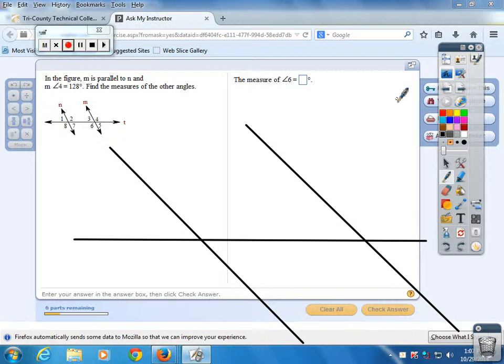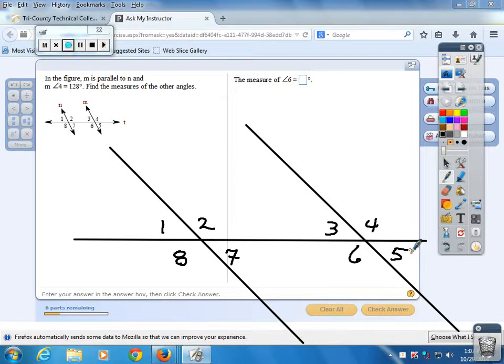And we know that this is angle 1, this is angle 2, this is angle 3, angle 4, angle 6, and angle 5.